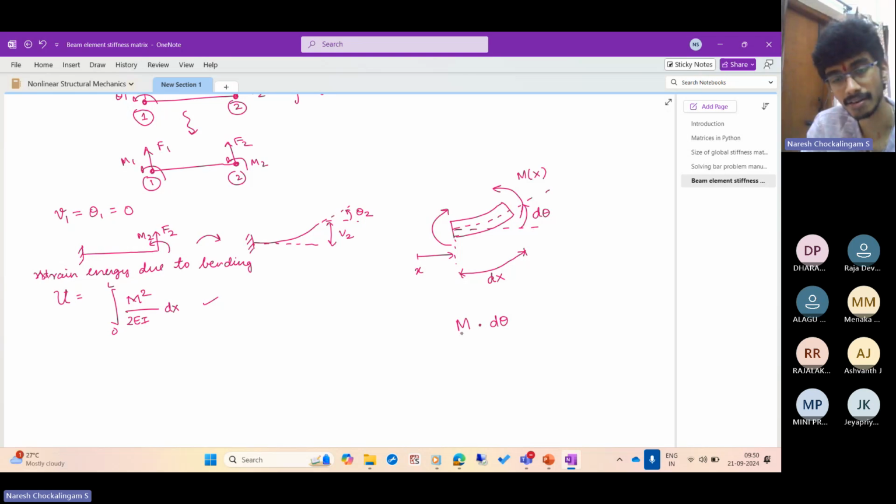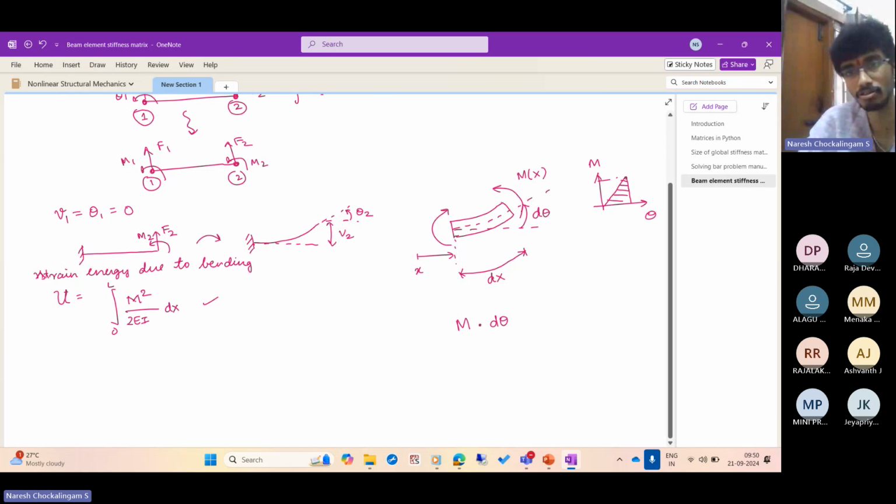And if you consider it to be a linear elastic body, it is half of this. As the force rises in a static manner from 0 to this point, the work done is half of m theta. So this is theta and this is m. It is the area of the triangle, which is half. Basically the moment is caused by this rotation, and the rotation is caused by the moment.